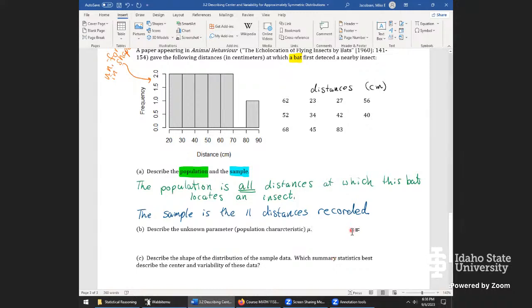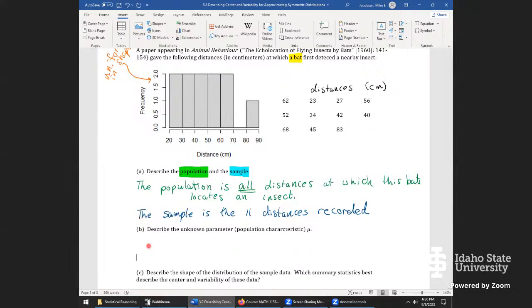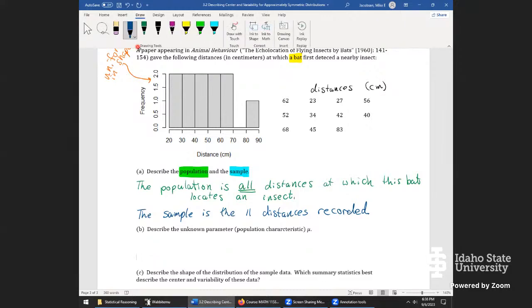We're going to do things that estimate that population characteristic, hypothesis tests related to it. But if we can't say what it is, then we're in big, big trouble. So part B, it's not as hard if you know what the answer is in part A. But if we never thought about part A at all, I think this is extremely mysterious. It's really hard to nail down what exactly is mu. But here's how we can start.